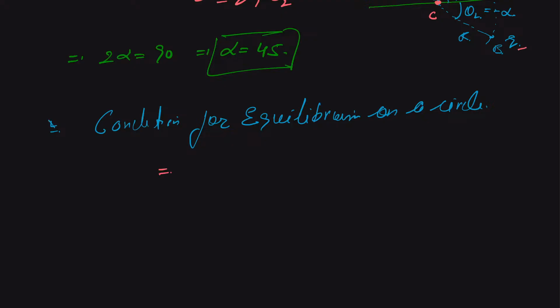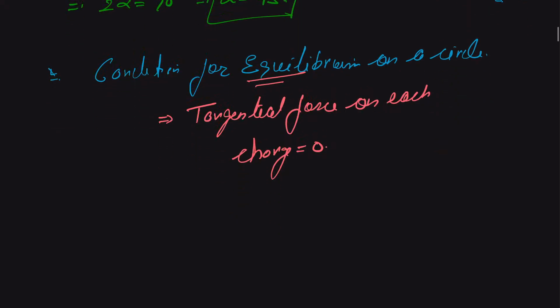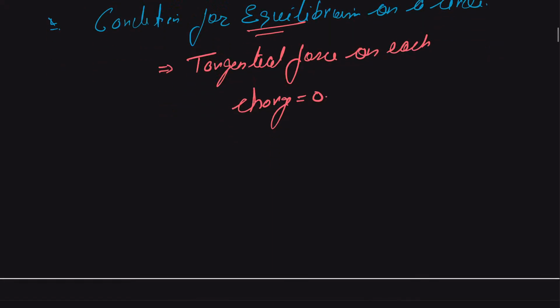Therefore we can say that equilibrium means that the tangential force on each charge is equal to 0, because the radial force will be taken care of by the constraint. Okay, so we are only interested in the tangential part, and the tangential formula we have already found out. Okay, and so let us solve it for our tangential force.